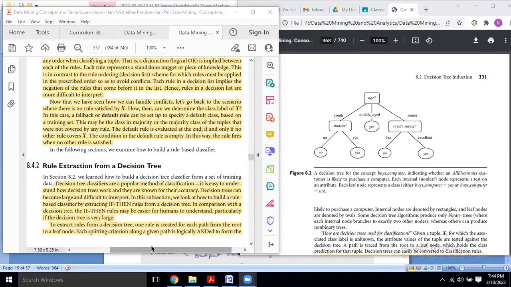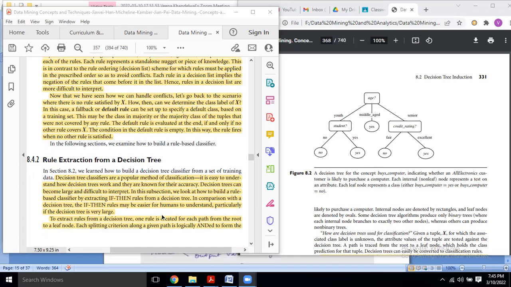In order to extract rules from the decision tree, one rule is created for each path of the tree, from the root node to the leaf node. Here you can see one path is from youth to student, another path is from age to middle aged, another is from senior to excellent, and one other path is from senior to fair. So for each path in the tree, we write one rule.